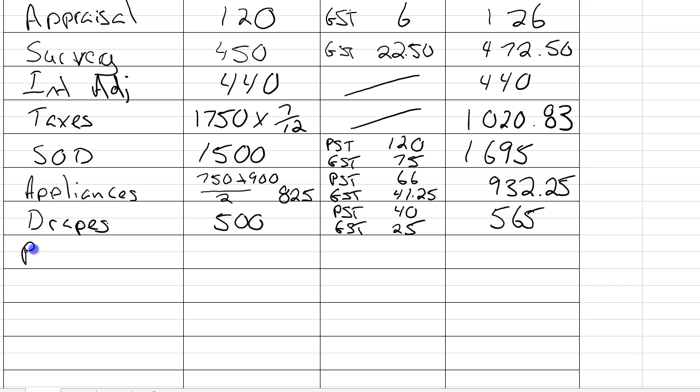We're going to get some painting done. So the painting was $350. Painting just has GST. The GST is $17.50 for a total of $367.50.